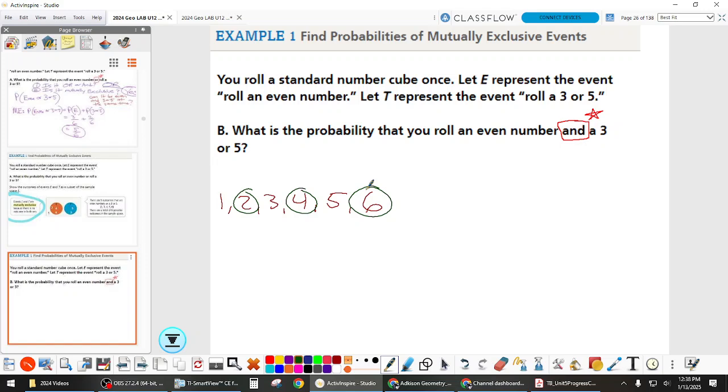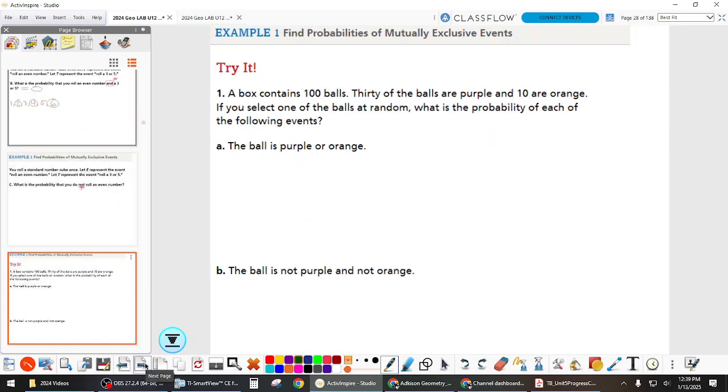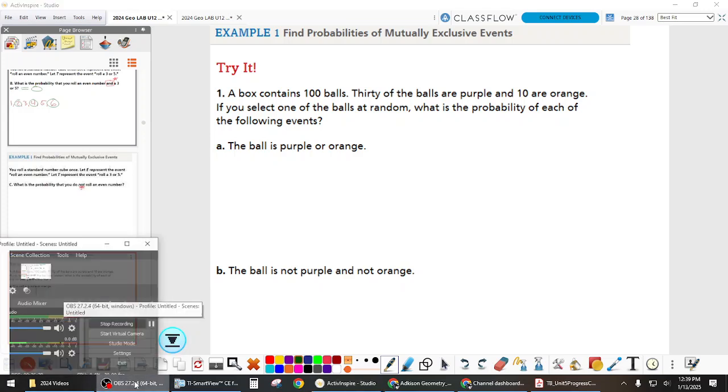None. Yeah, but what do we use for none? 0. It's just 0. You could say 0% or just there's no chance. It's not going to happen. It's impossible. So you guys, you got to read these carefully. Like I said, don't overthink it. I'm going to skip that one for now. You guys try both of these questions.